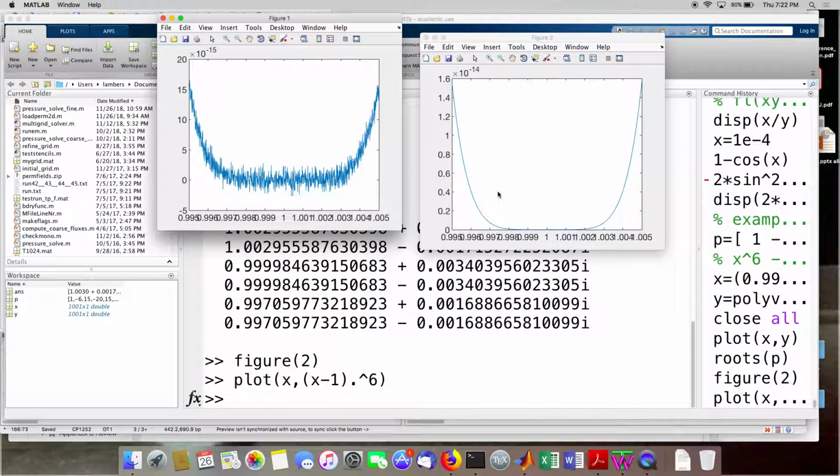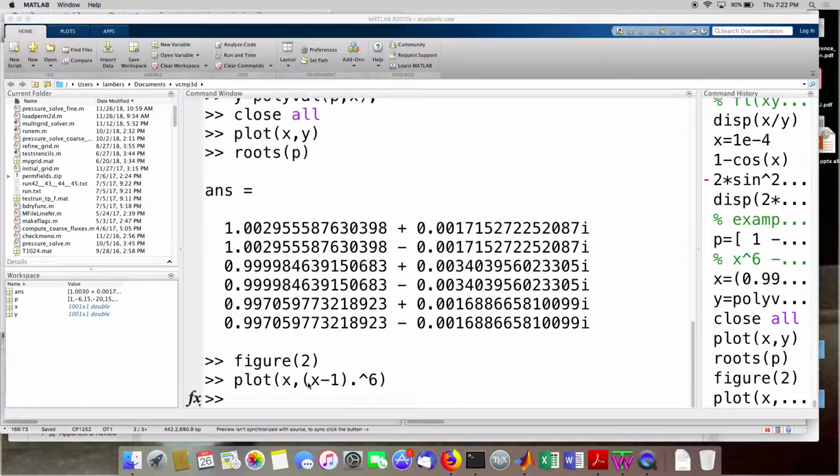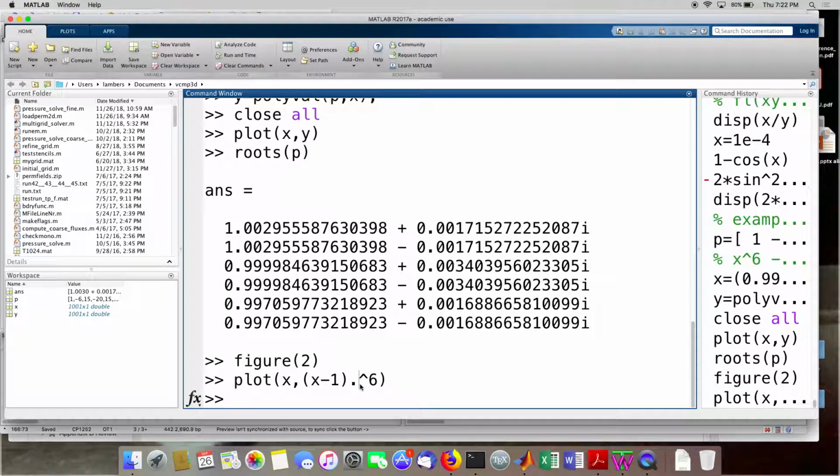We have a smooth curve that we would expect from such a low degree polynomial. So what happened here? Because here we do have subtraction. We have numbers very close to 1 being subtracted from 1, and yet this one turned out to be the more accurate graph. So what gives?